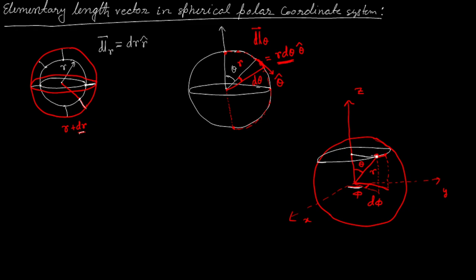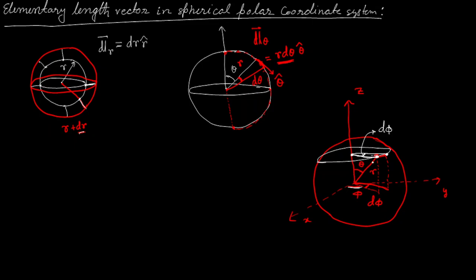This is the first point, and then I have increased the value of phi by a small angle d phi, and because of that this point has shifted from this point to this point. Now what will be the radius of this circle?